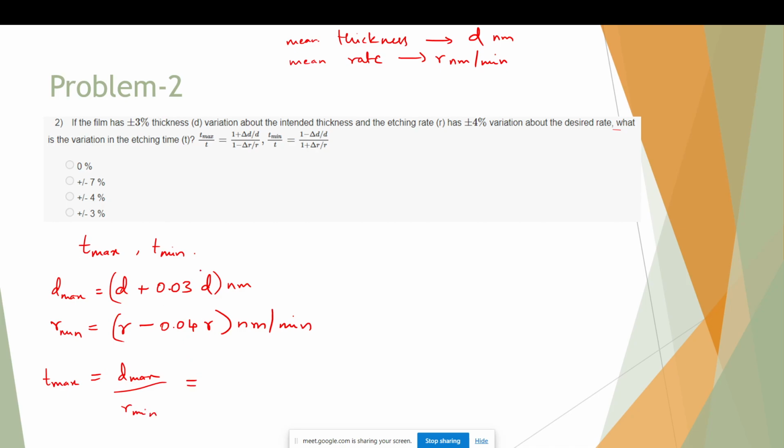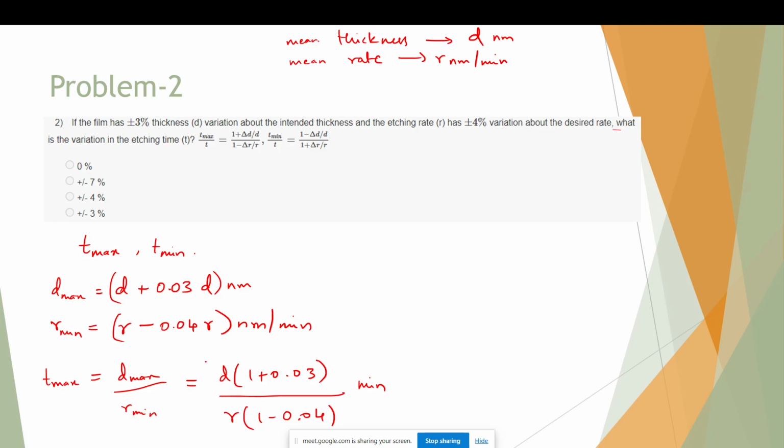I can take D common: D times 1 plus 0.03 upon R times 1 minus 0.04, in minutes, the nanometers will cancel.